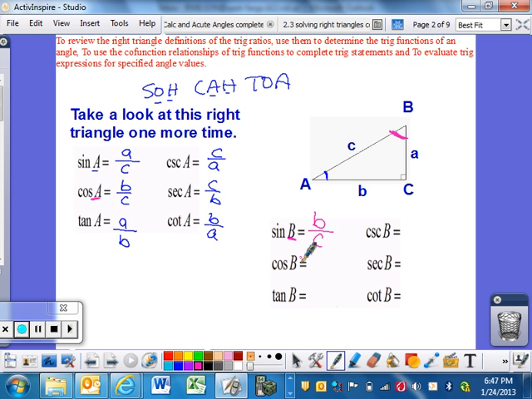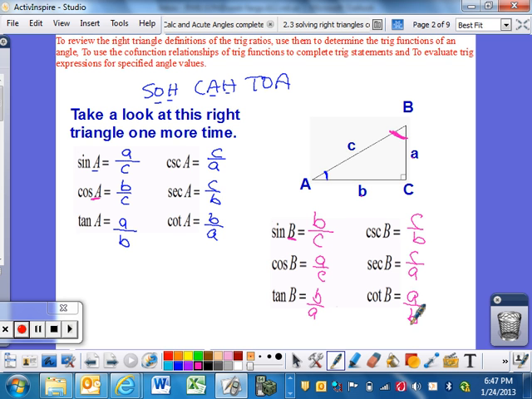Then the cosine of B, adjacent now becomes A over hypotenuse, and tangent of B is going to be opposite, which is B, over adjacent, which is A. And then you obviously can just flip them to find the other ones. So this is C over B, this is C over A, and then this will be A over B.